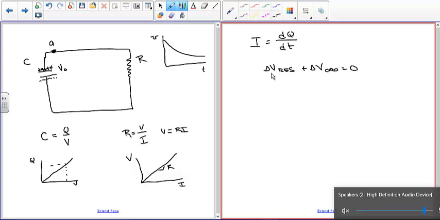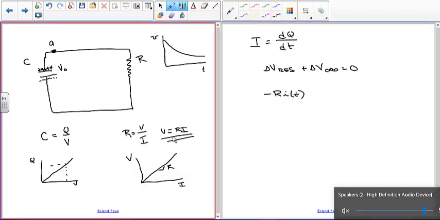The change in voltage across the resistor is going to be equal to minus R times I. I'm going to write this as a time-varying quantity, because the voltage we looked at yesterday varies with respect to time. I'm using Ohm's law to figure out the change in voltage. It's the resistance times the current, and if that current changes with time, then the voltage is going to change with time.